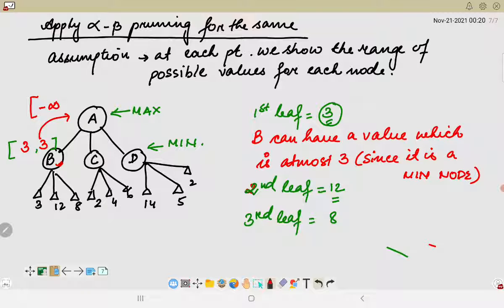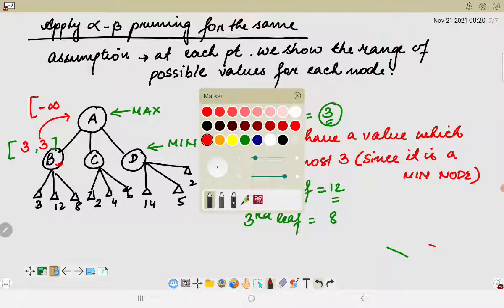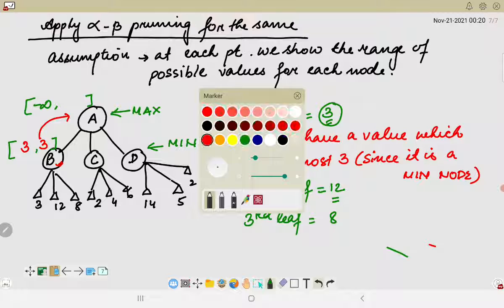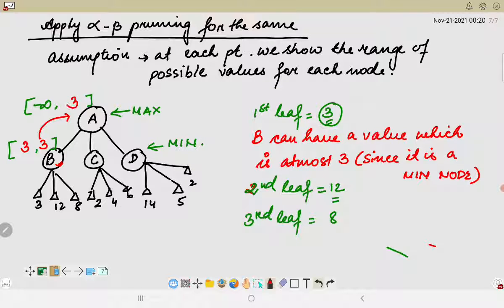So here also, let me write it down with the same color, we will have the same representation, minus infinity to plus infinity, and since we are moving the first value to be the next best value of max, we will simply put 3 here.